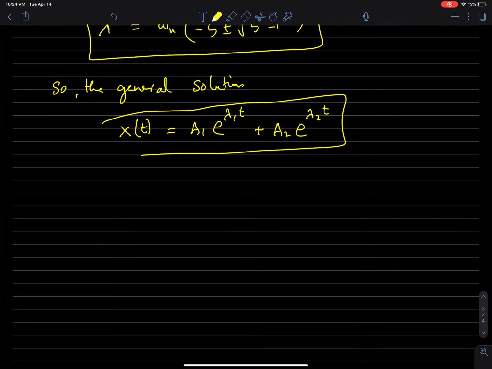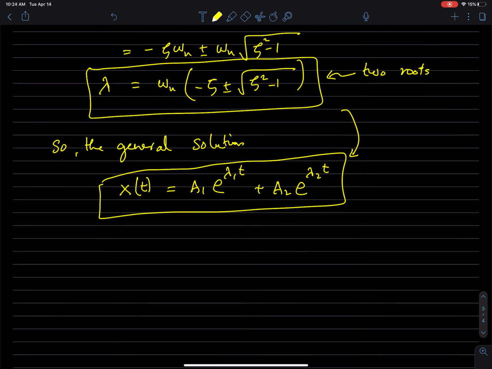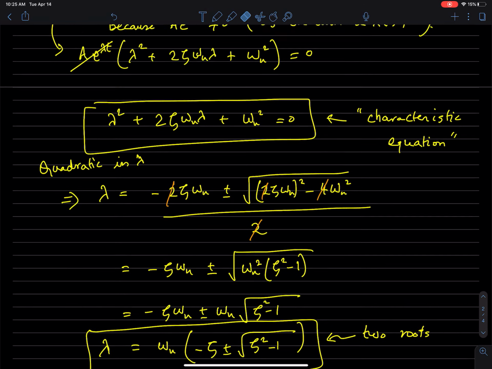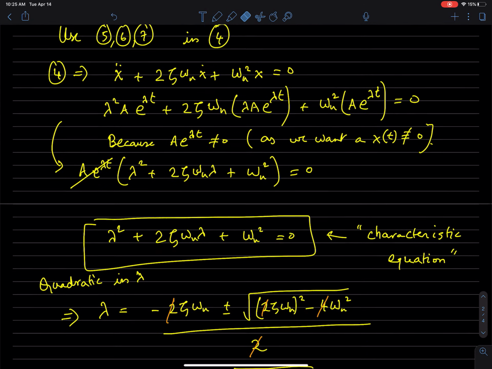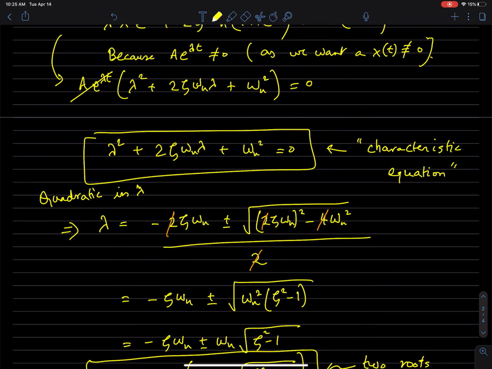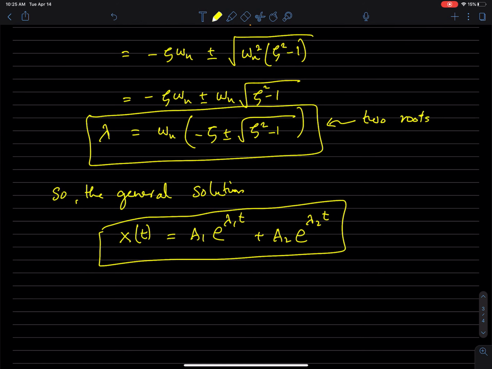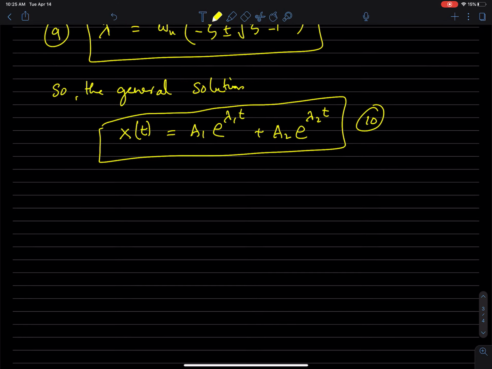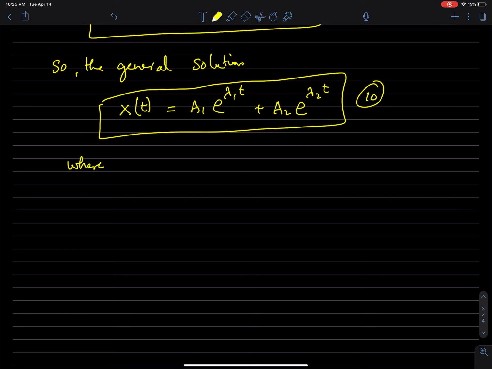Where lambda 1 and lambda 2 are the two solutions here. So we're calling this equation 8, let's say. Let's call this equation 9, equation 10, where lambda 1 and lambda 2 are the two solutions. It doesn't matter which one you call what.